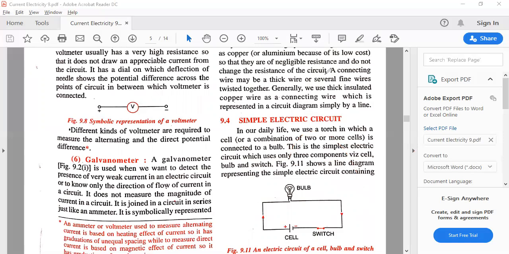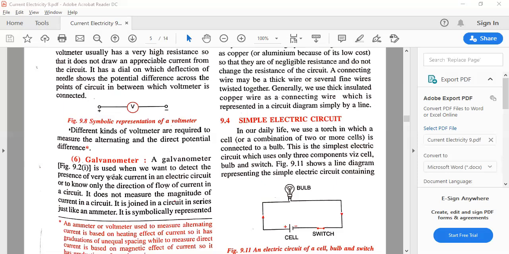It keeps deflecting like this. It does not measure the magnitude of the current; it basically shows direction, and whether there is a current present or not. Suppose a circuit suddenly shows a current. It is just measuring the weaker current, a small current that you cannot measure with an ammeter.